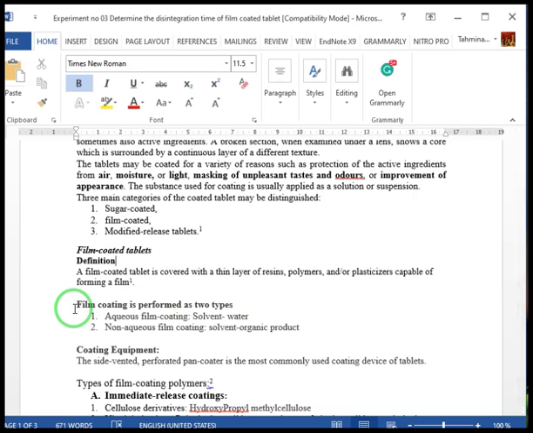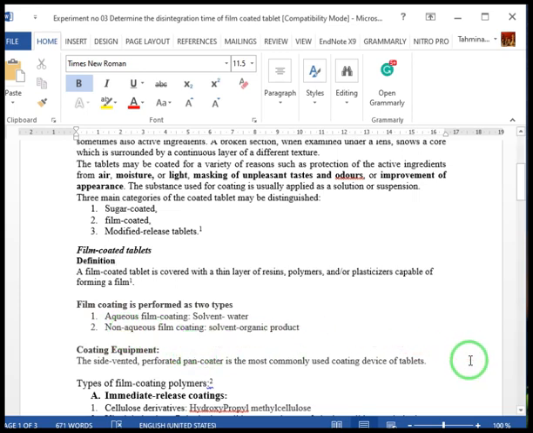It is usually performed by two types. Number one, aqueous film coating, in which the solvent is a water system, and number two, non-aqueous film coating, with an organic solvent.